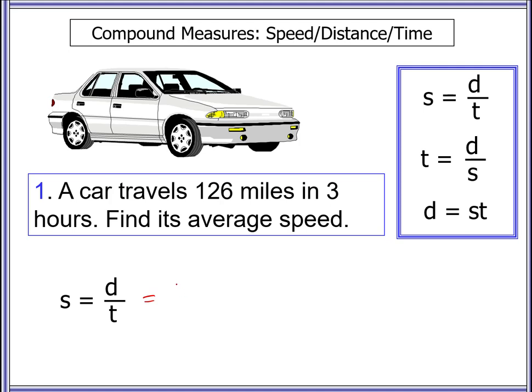So the distance traveled is 126, divided by 3 hours. 3 goes into 12 4 times, and 3 goes into 6 2 times. Miles per hour. So you can make some notes on this, so click pause and get this example down in your book.